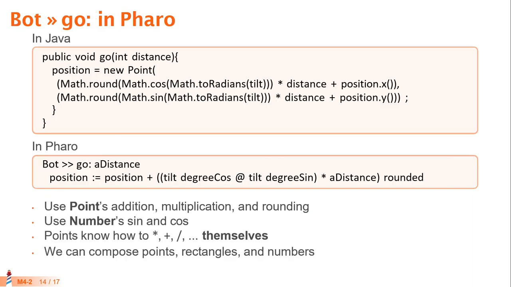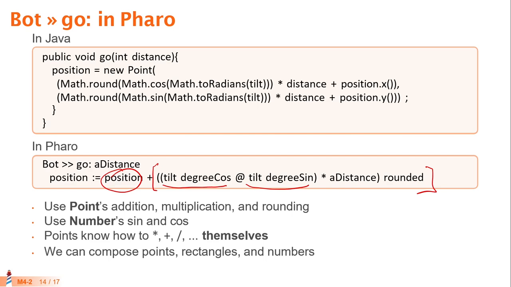If you now compare the two implementations, on top the implementation in Java, and on the bottom the implementation in Pharo, we see that in Pharo, as we have rich operations in our point, we can take the initial position and add another point. And this point we can create with the angle, with the cosine and sine, scale it by the distance, and then round it to make it an integer.